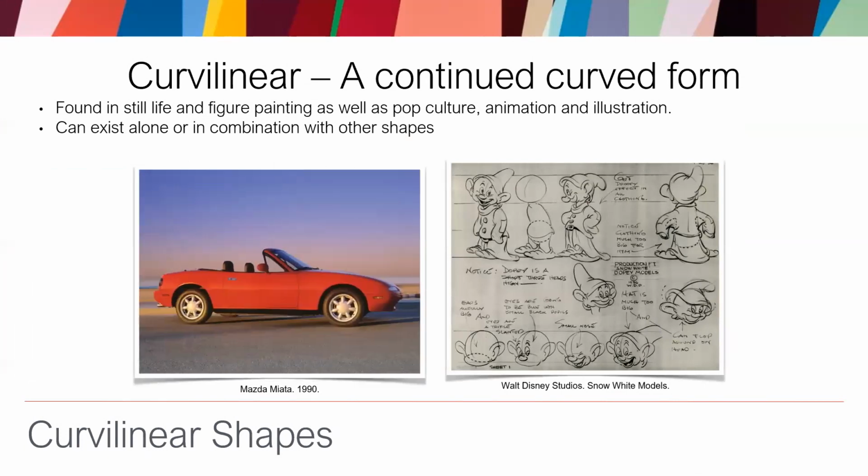So here's continuous curvilinear, which just shows things like cars and characters.